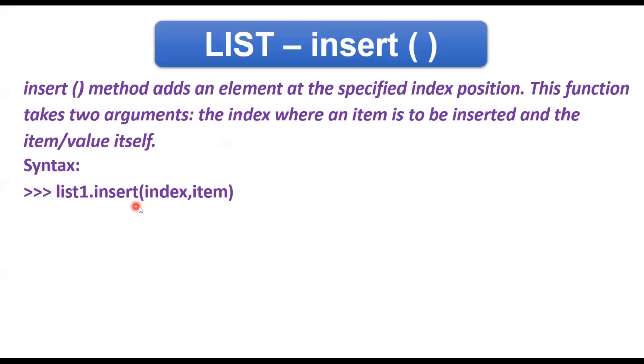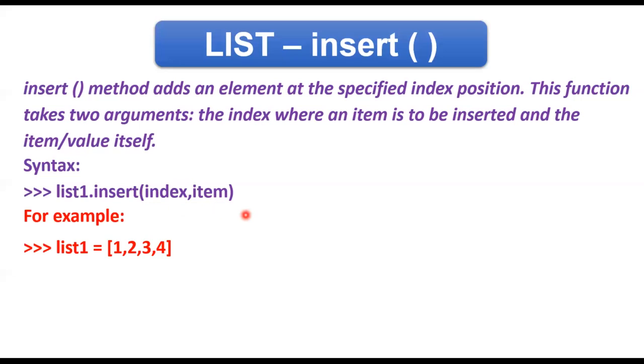Insert is my function, and inside this function I have passed two arguments. One is index and second is element. So the index position will specify the exact location where I want to insert my element, and this is the value itself which needs to be inserted.